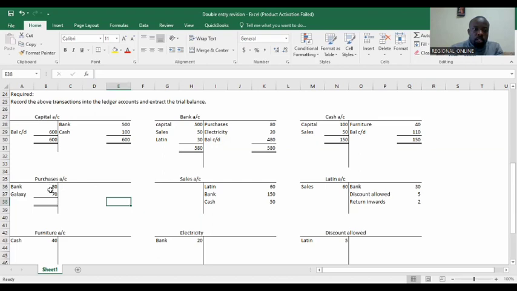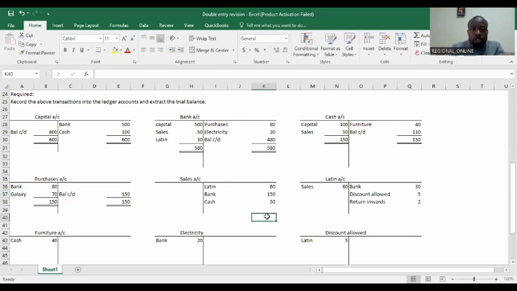So their total is 150. So 150 minus 0 figure that is on the credit side, I still remain with 150. So at the end of the trading period, purchases closing balance is 150 in that account.